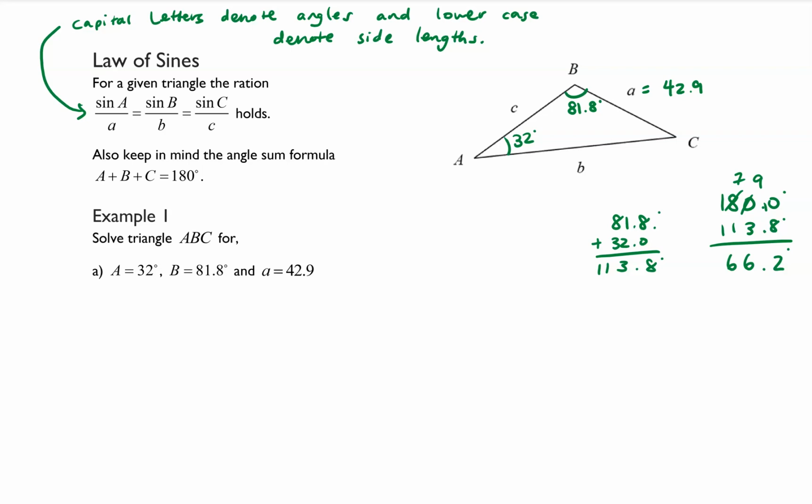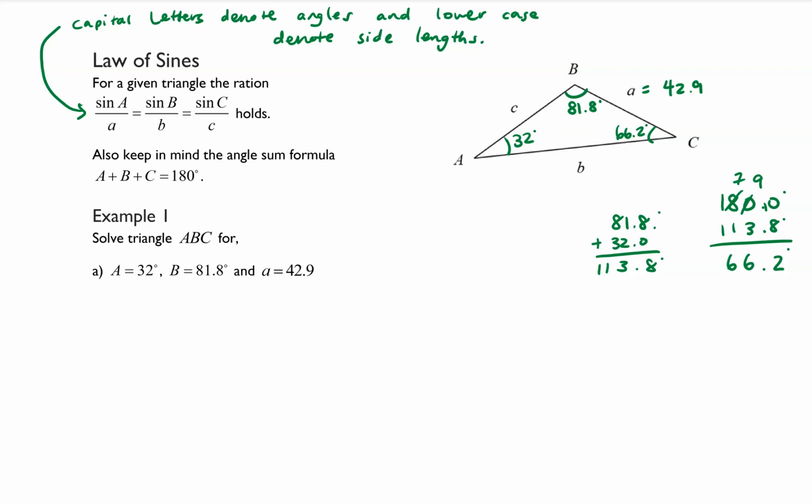So that is going to be 66.2 degrees. So I'm going to fill that in here on my triangle. And now we can go ahead and solve for the side lengths of lowercase b and lowercase c.